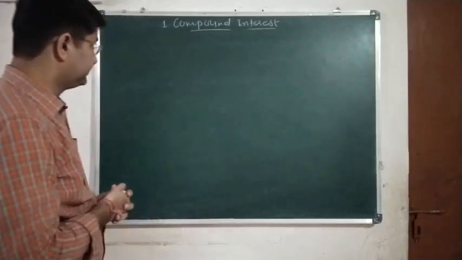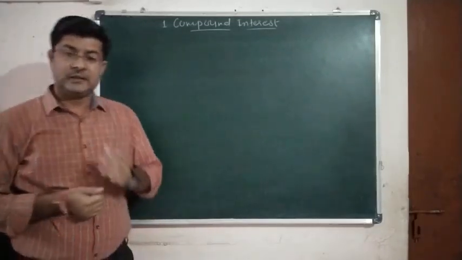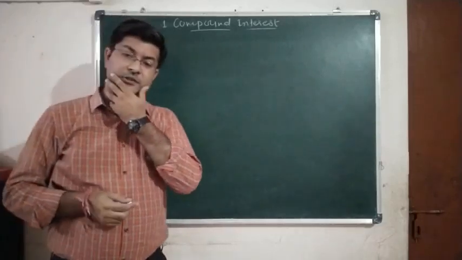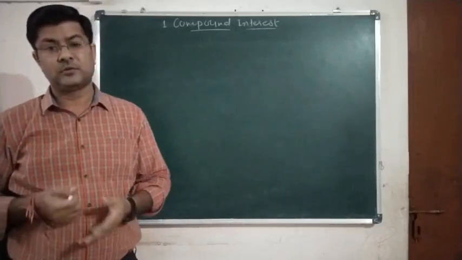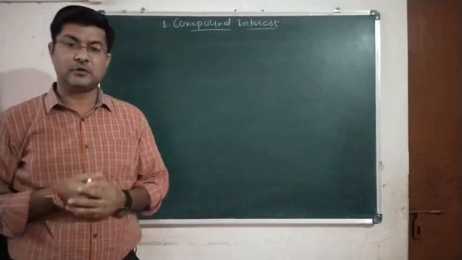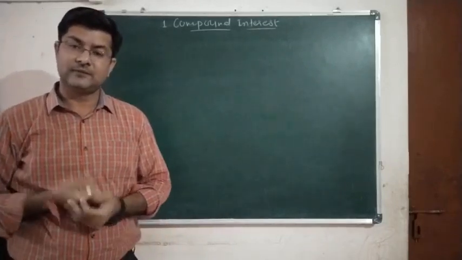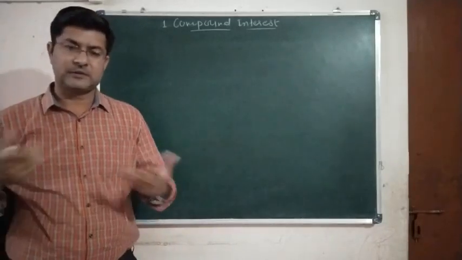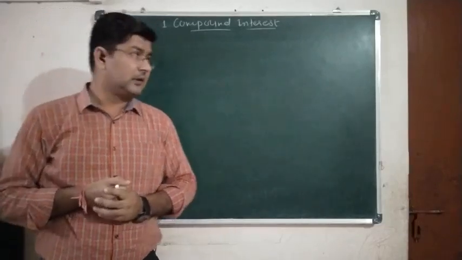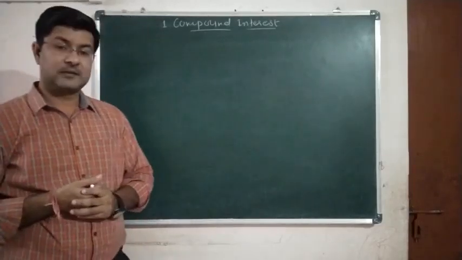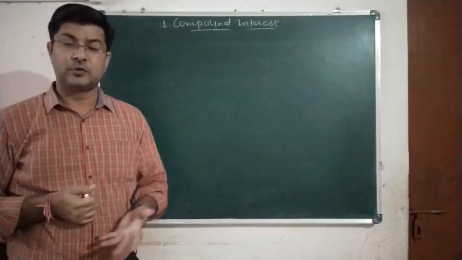Okay, now the third exercise is on the basis of population growth or population decrease, or depreciation in the value of a machine or something else. Further, what is growth?